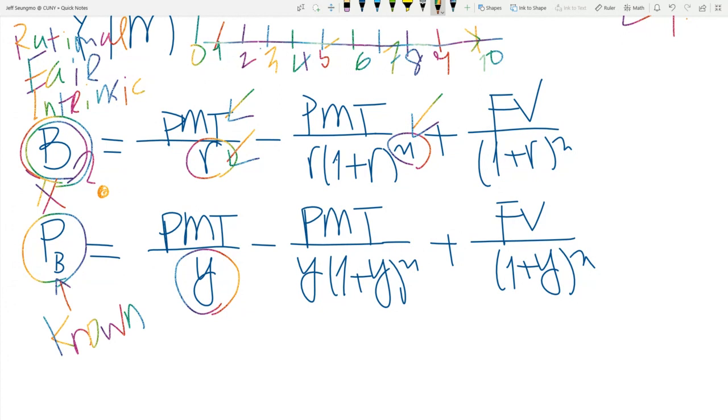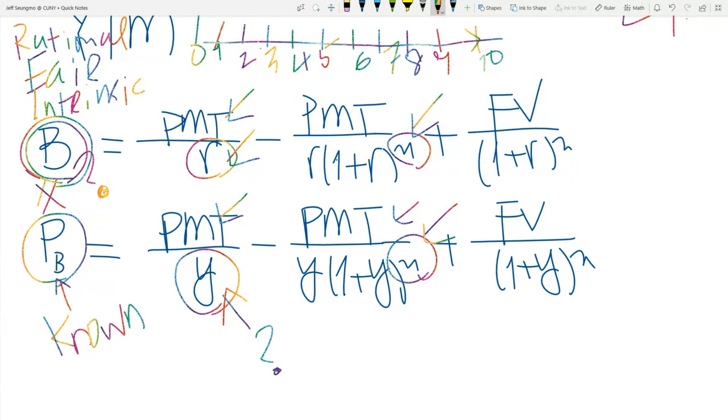It's the known price. But what is the unknown? The discount rate is the unknown. And payment is known, right? N is known. Everything else is known. The only thing that's unknown is the discount rate.